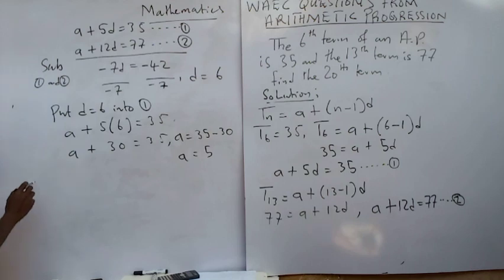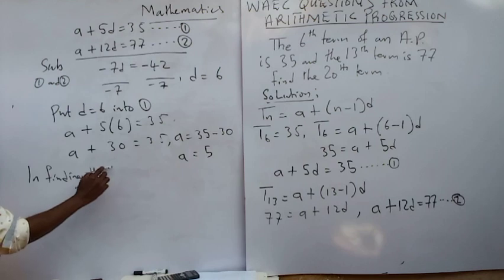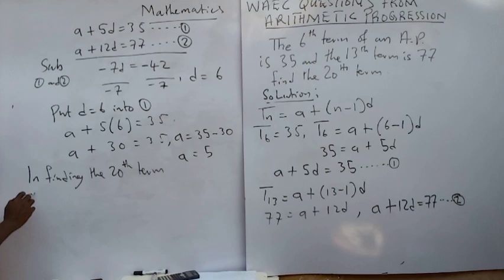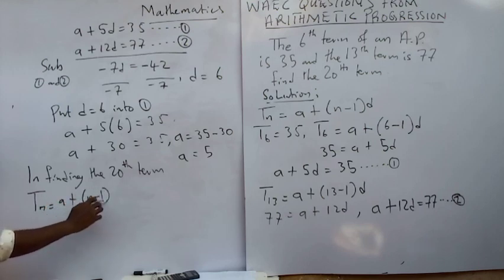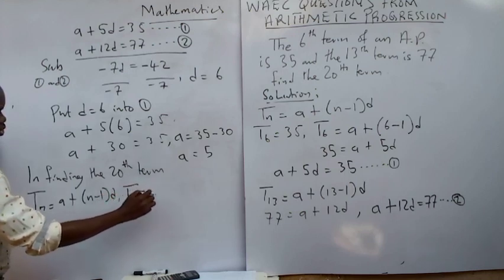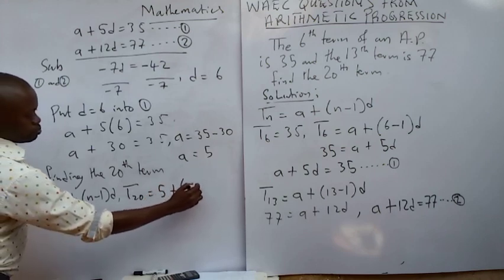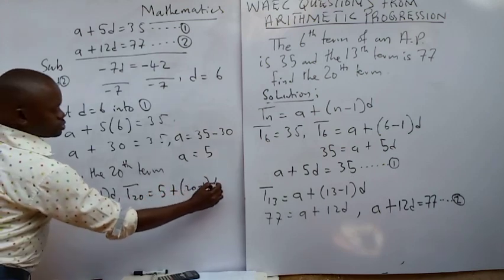In finding the 20th term, we use Tn, and Tn equals A plus (n minus 1) D. Recall that this will become T20 equals the first term, which is 5, plus 20 minus 1, and the common difference is 6.